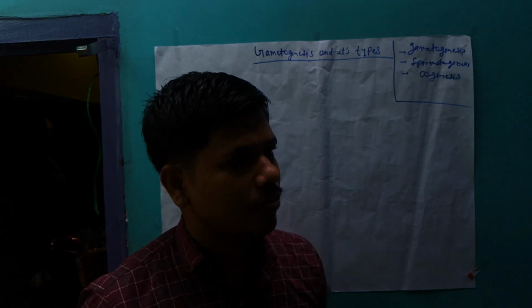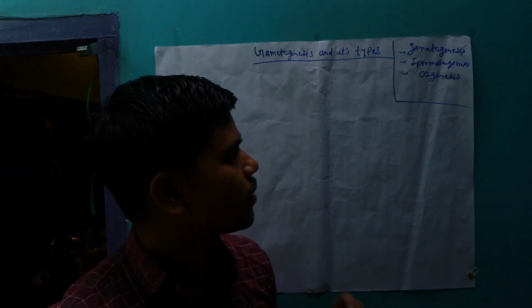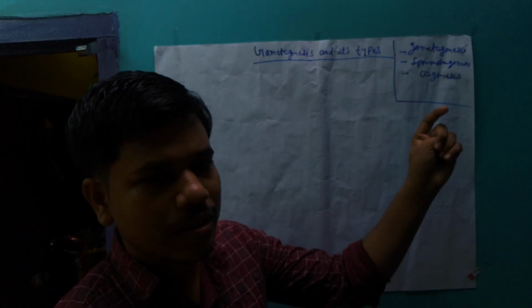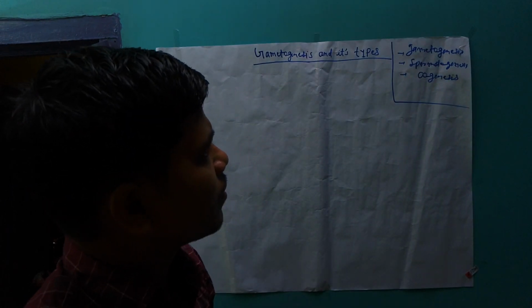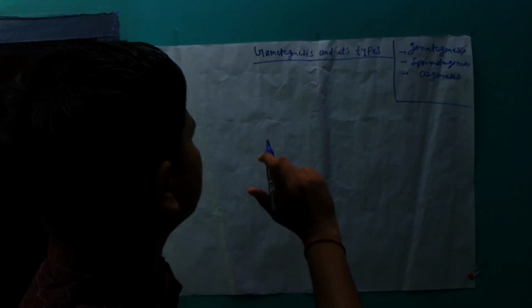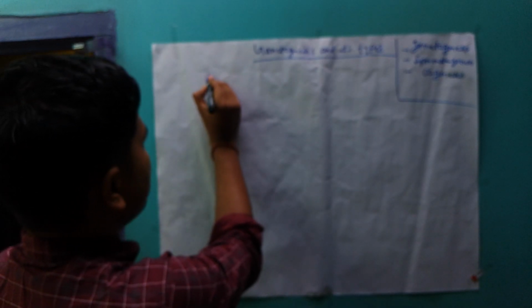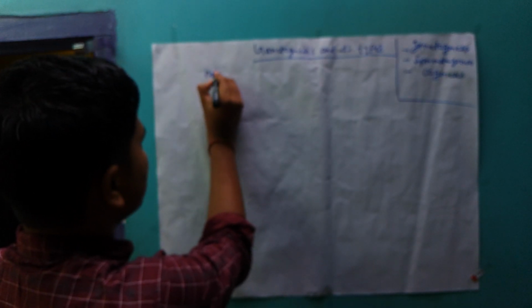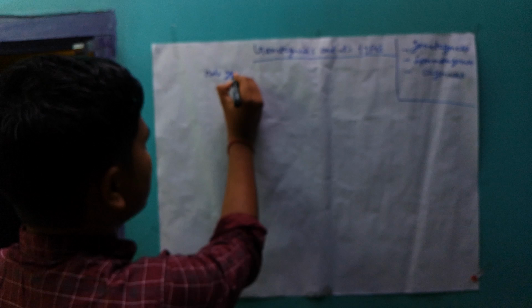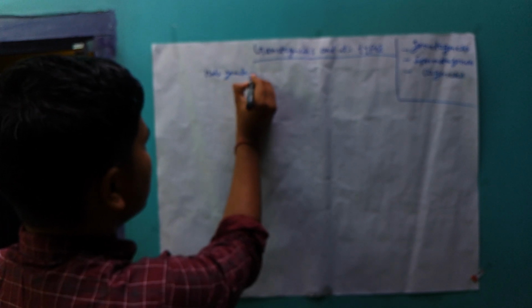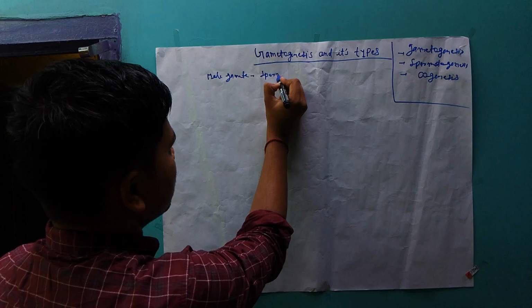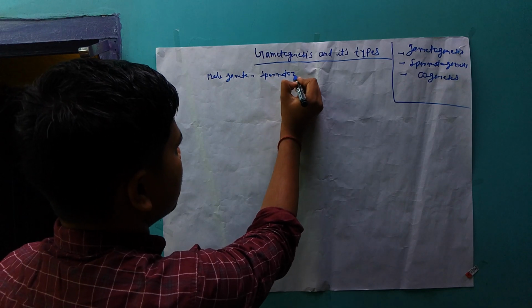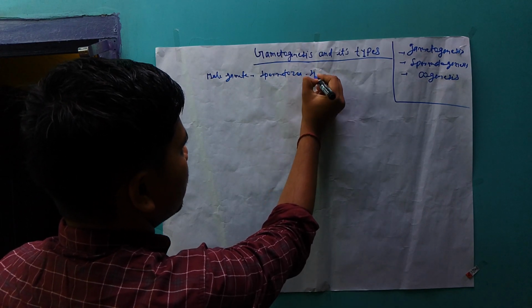Firstly, we will know that gametogenesis is of two types. First is spermatogenesis and second is oogenesis. There are two types of gamete: the male gamete, which is called spermatozoa, also called sperm.